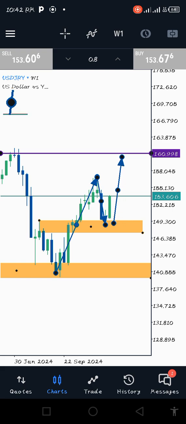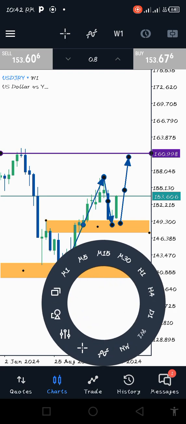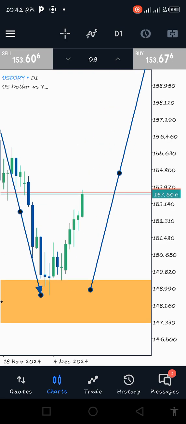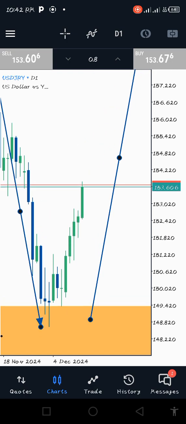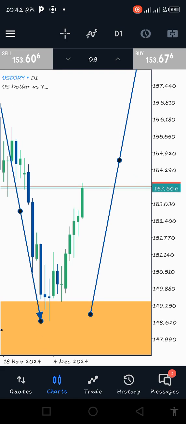So understanding that very well, we go now to the lower time frame to look for more buying opportunities on this pair USD/JPY. We are looking for buying opportunities. So we move to the daily time frame to see where we can see buying opportunities on this pair.